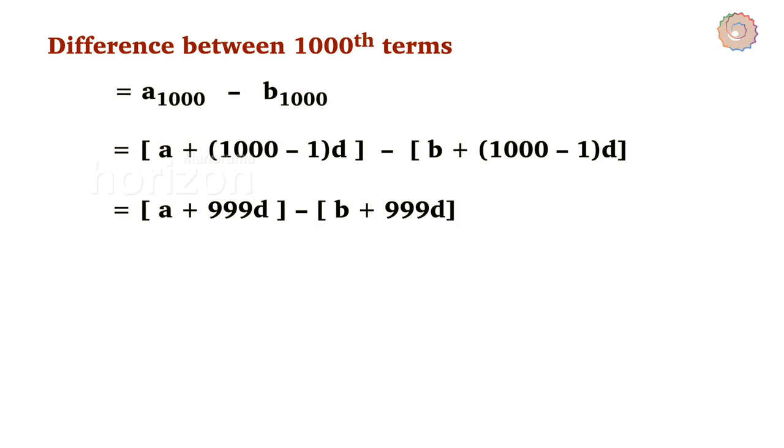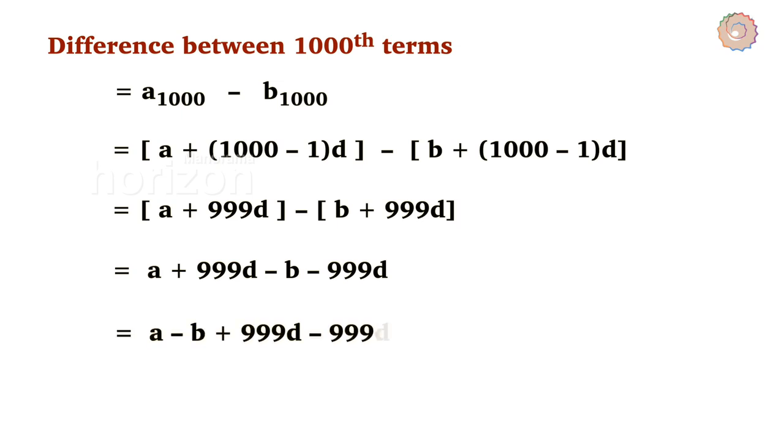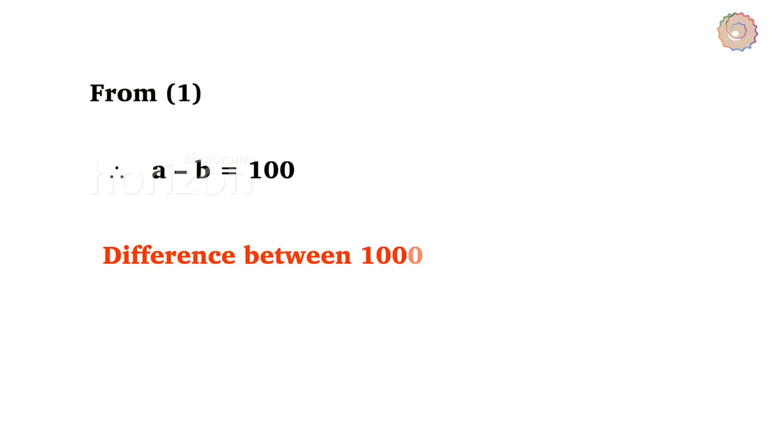Opening the brackets, we get a plus 999d minus b minus 999d. On rearranging, we get a minus b. Putting in the value from equation 1, a minus b is equal to 100. So the difference between their 1000th terms is 100.